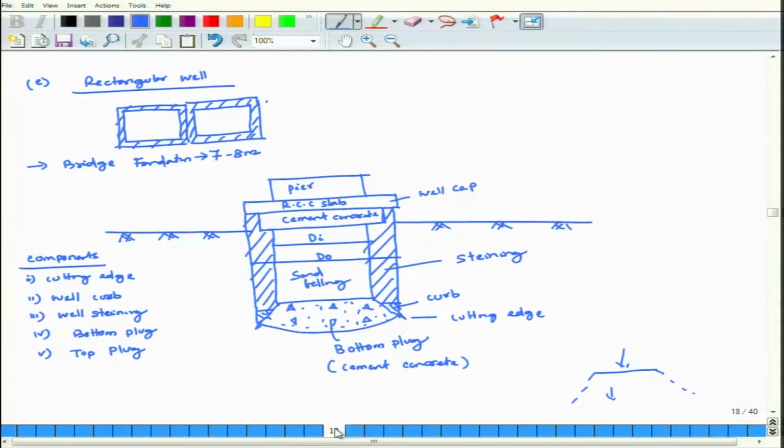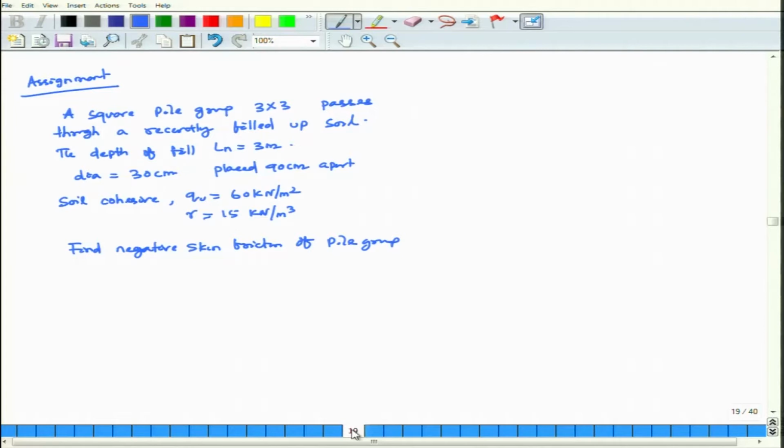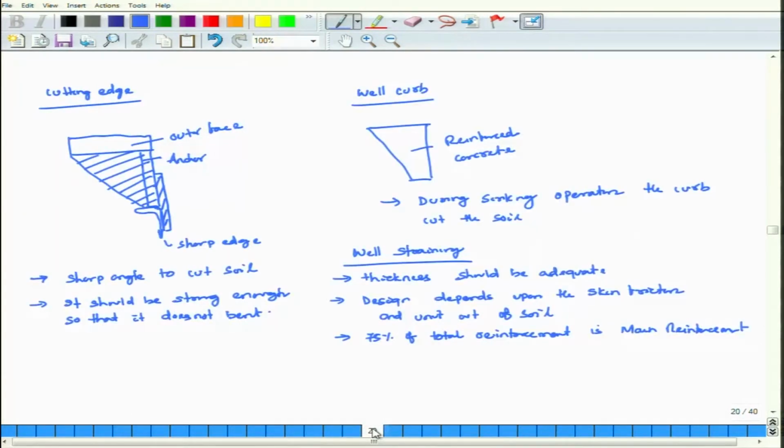Then there is the longitudinal cross section I have shown you: bottom plug, sand filling, steining, curb, cutting edge, cement concrete, RCC slab or well cap, and pier. All the components, cutting edge, well curb, well steining, bottom plug and top plug, I have explained in detail.